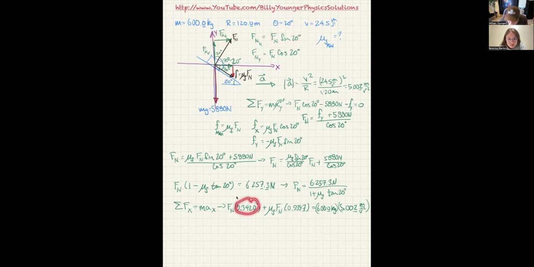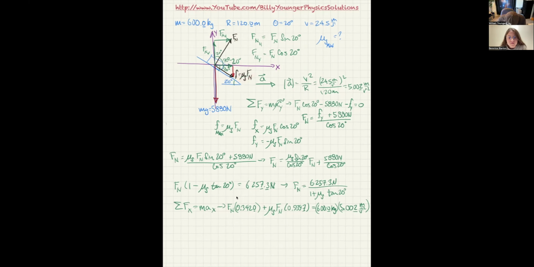And the second part: we're assuming that the static friction is doing the most it can, and that happens when the static friction force is mu static times the normal force.